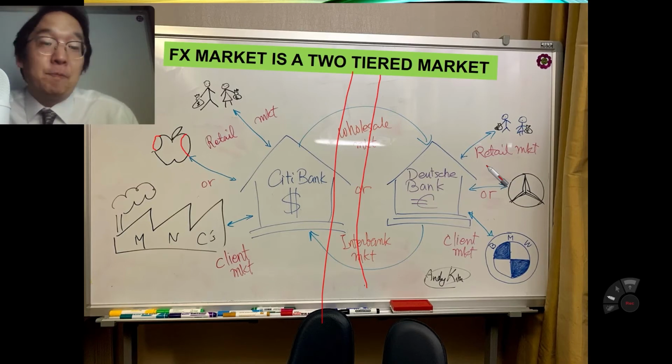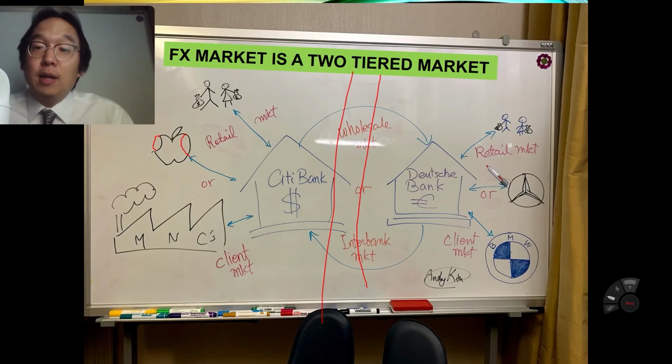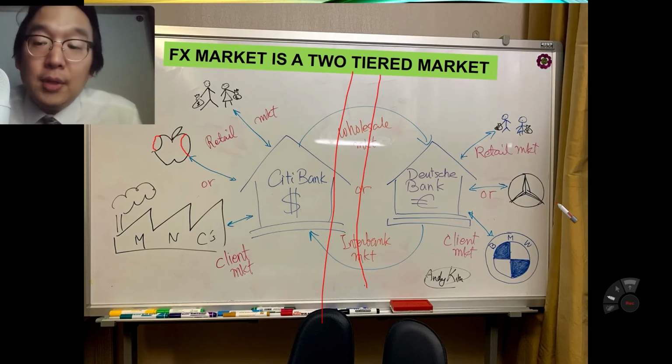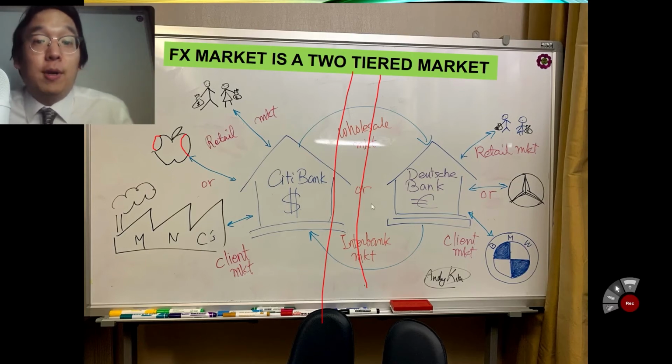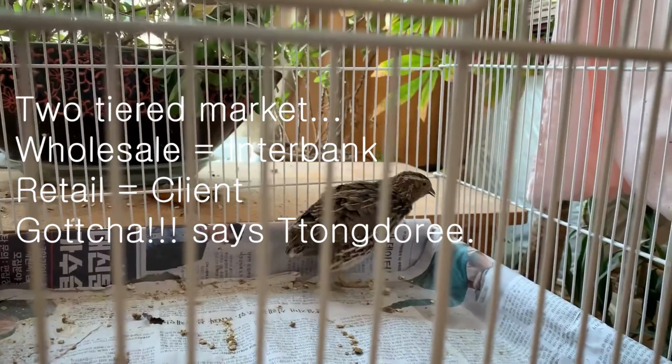All these multinational corporations earn money in their local currency, and then they may have to convert it into euros. They have to buy and sell together with these guys. So two-tier market, interbank market and client market, you can see it.